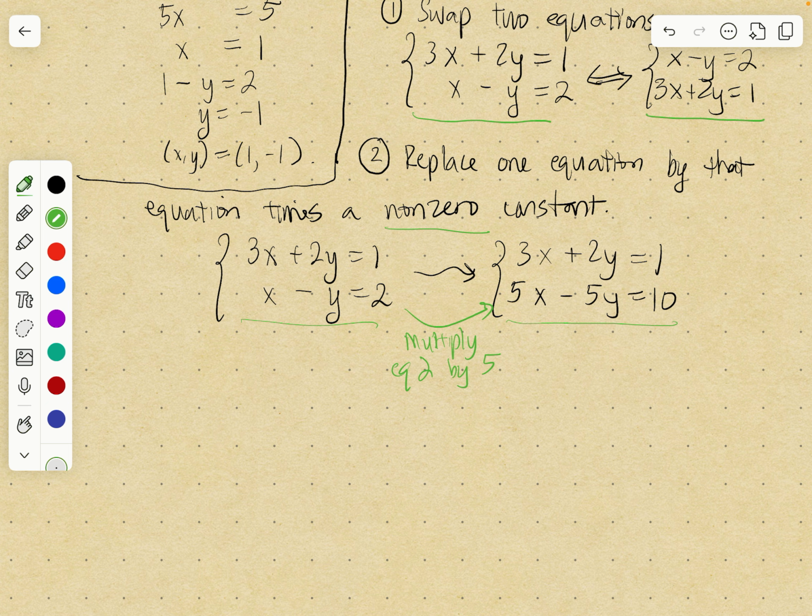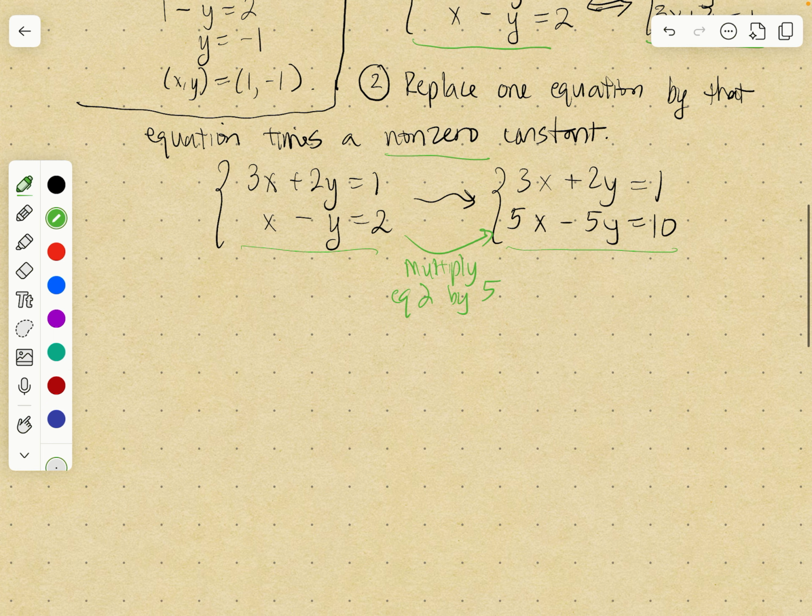Well, certainly those will not have the same solution, right? Because the left system will have only one solution, but the equation 3x plus 2y equals 1 and 0 equals 0 has an infinite number of solutions. Okay, so that's the second thing.